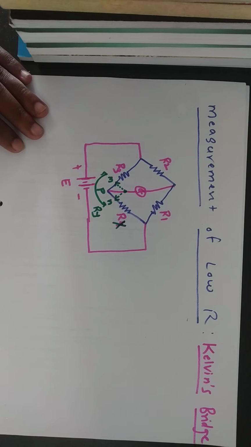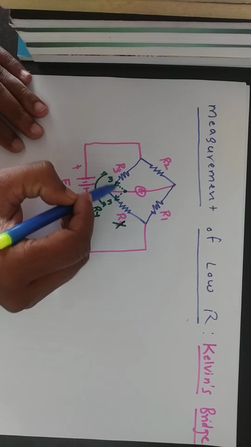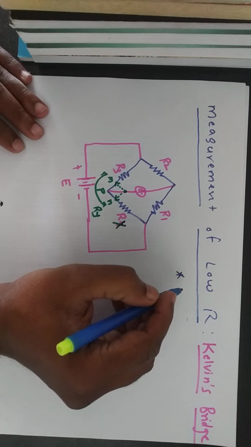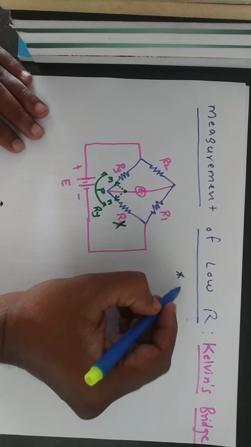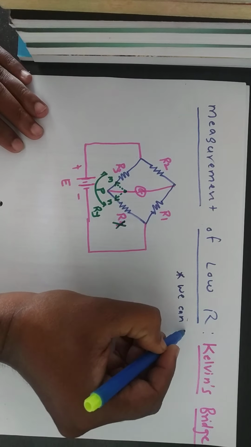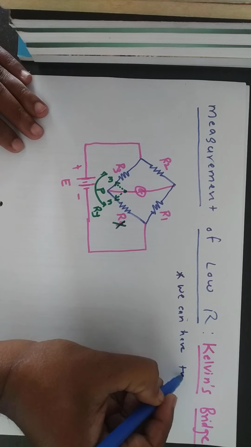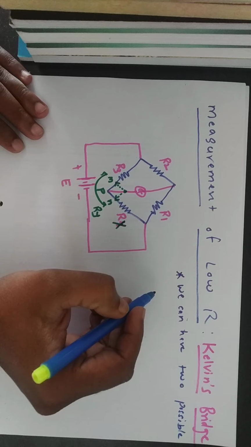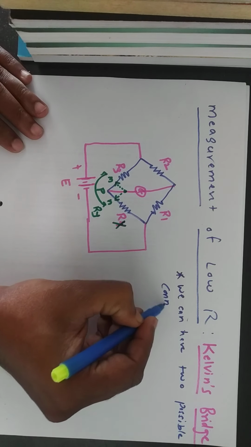In this case, two galvanometer connections are possible, either from this point to point M or to point N. So we can have two possible connections.